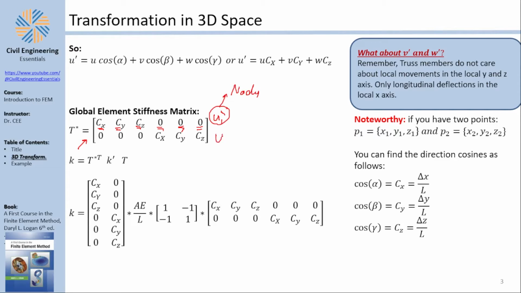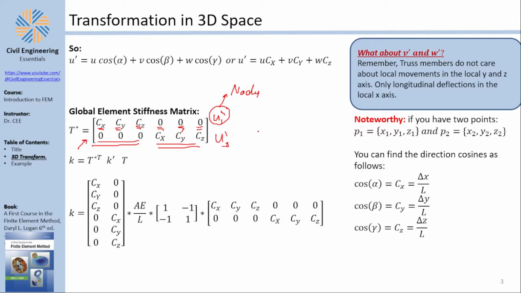When you want to find U local at node number 2, you don't need anything global from node number 1, but you need, of course, everything global from node number 2. So you say Cx U2 plus Cy V2 plus Cz W2. I hope this makes sense.